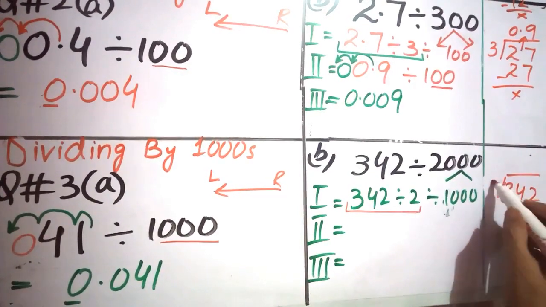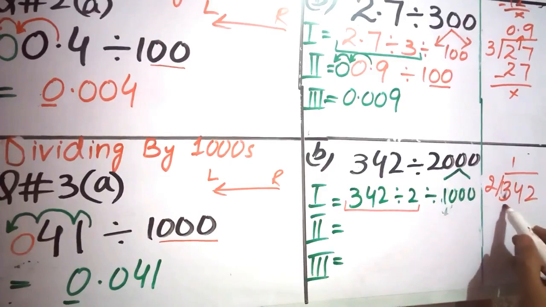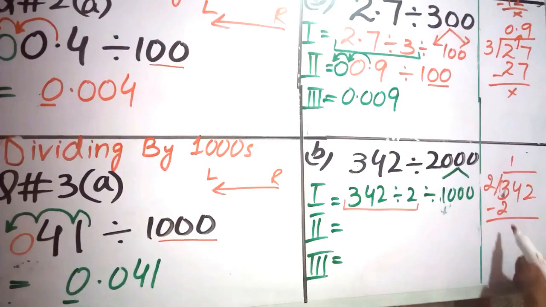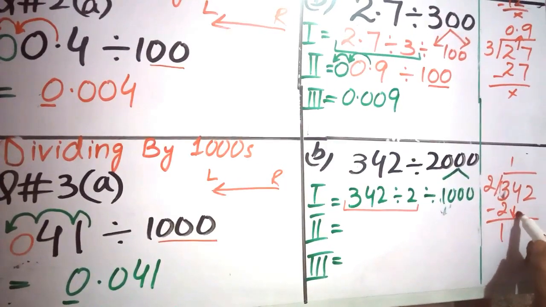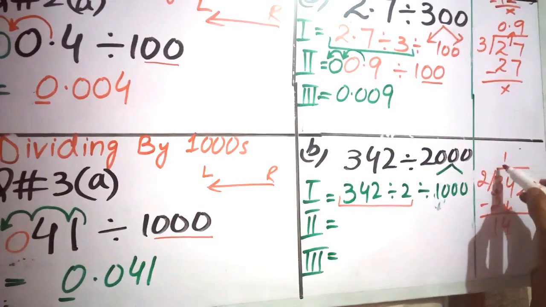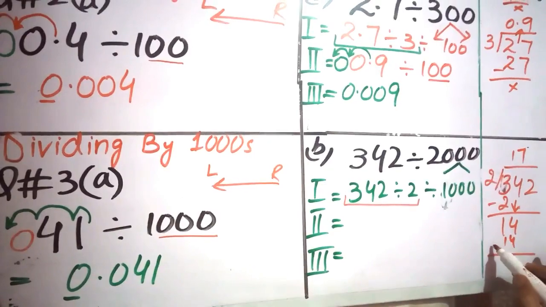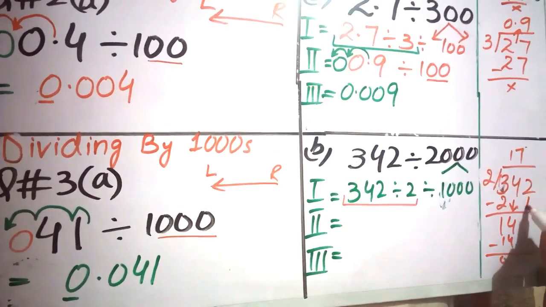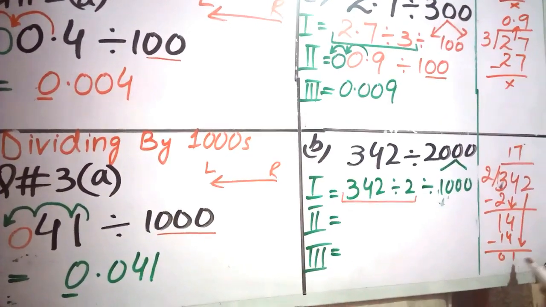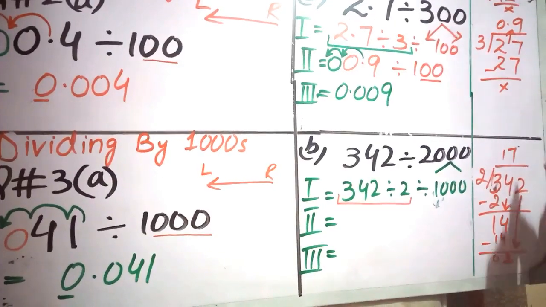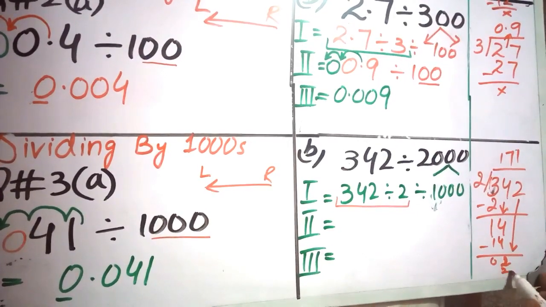342 divided by 2. 2 ones are 2, after subtraction we get 1, drop down 4 to make 14; 2 sevens are 14. Then 0, drop down 2. 2 ones are 2.